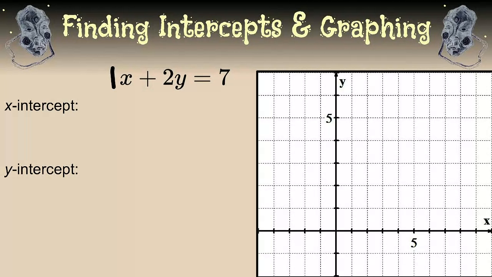All right. So to find the x-intercept, can someone remind me what we do to find the x-intercept? We plug 0 in for y. So to find the x-intercept, plug 0 in for y.